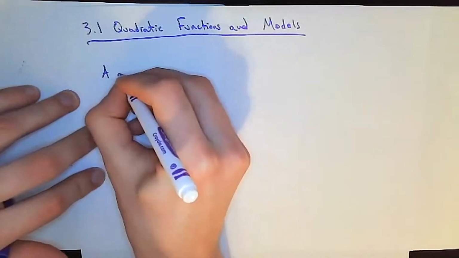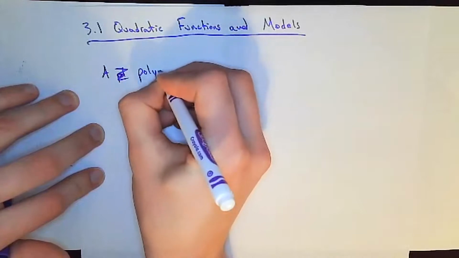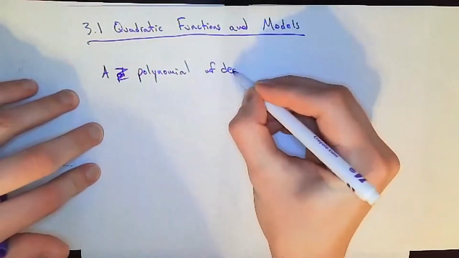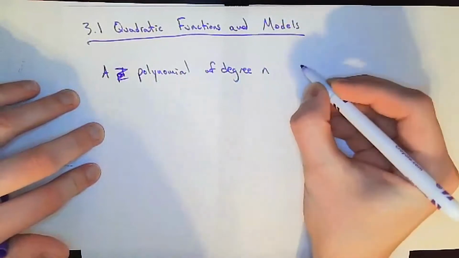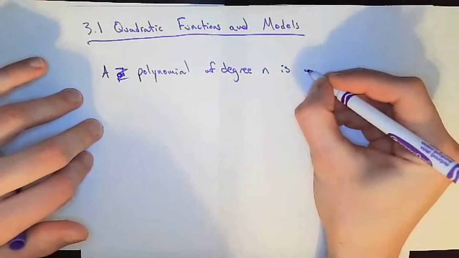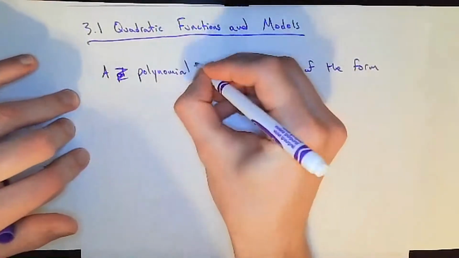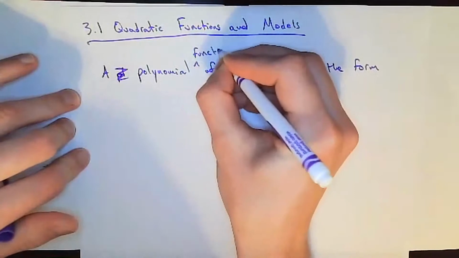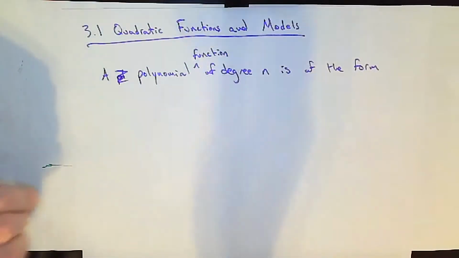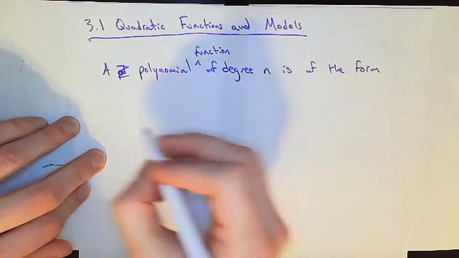So a polynomial of degree n. I should say a polynomial function. We can talk about polynomials outside of the context of functions, but we've done so much function work that we're going to talk about polynomial functions now.